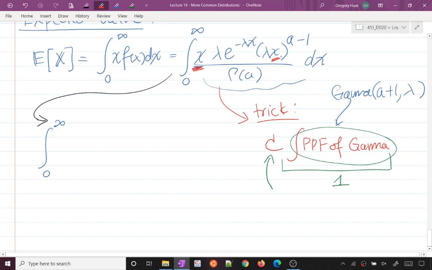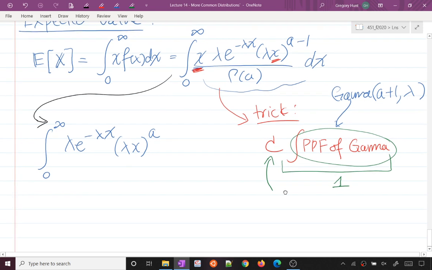So I could rewrite this as the integral of lambda e to the negative lambda x, and then instead of lambda x to the a minus 1, it's lambda x to the a. But now I have too many lambdas, so I have to take one out. Now this is true. I'm just rearranging: I pull that one lambda out and combine things.